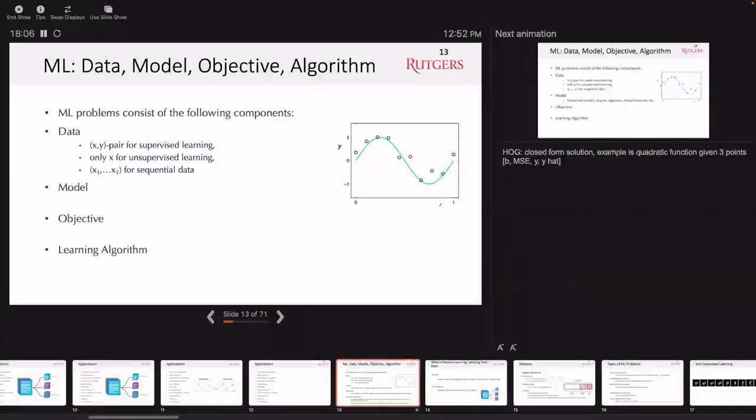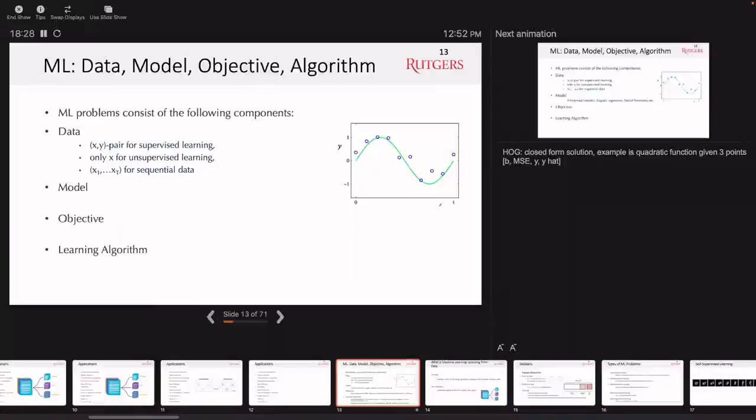So data is central to machine learning, and data can take different forms. For example, in supervised learning, you're given a lot of pairs of input and output. Input is X, output is Y. You're given a lot of pairs of X and Y as data.